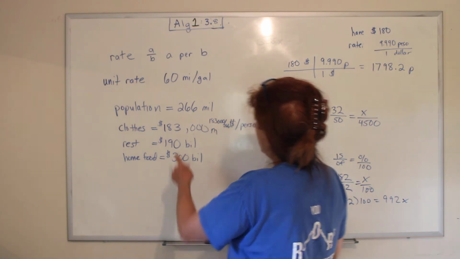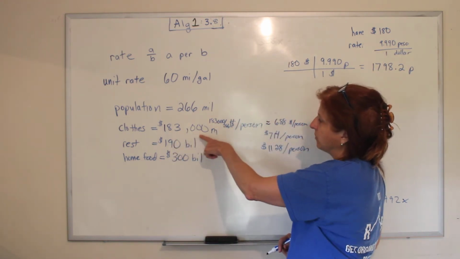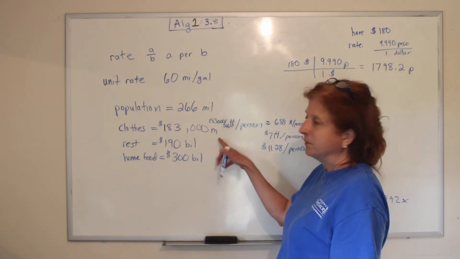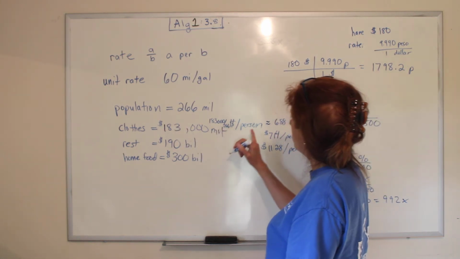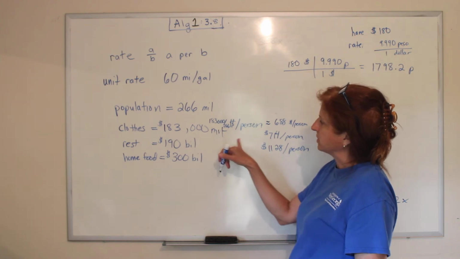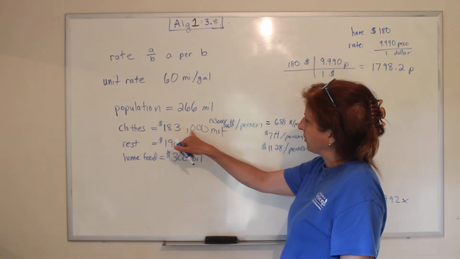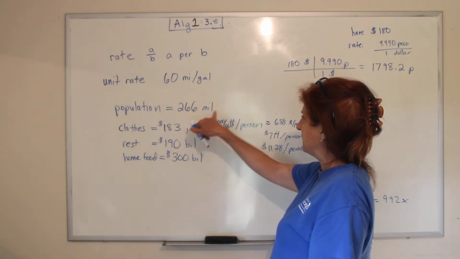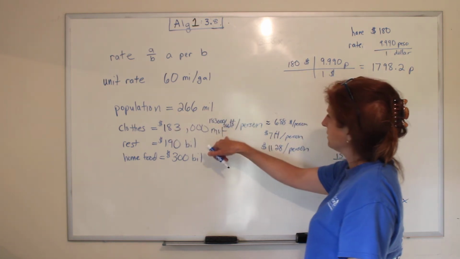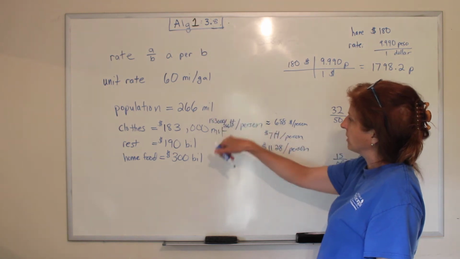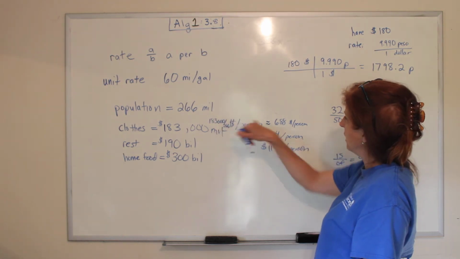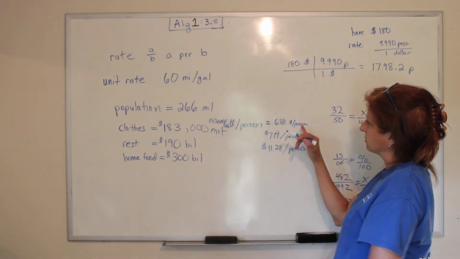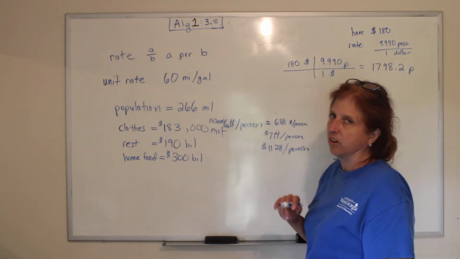So that'd be 183,000 million, but that many million. So if we want to find out how much was spent per person, we do 183,000 divided by 266. The millions of people cross out, leaving dollars, and it's $688 per person spent per year on clothes.